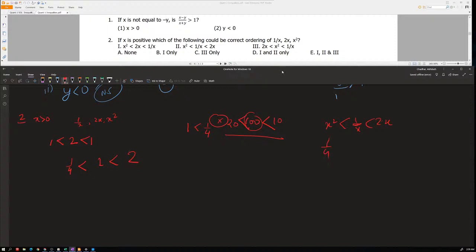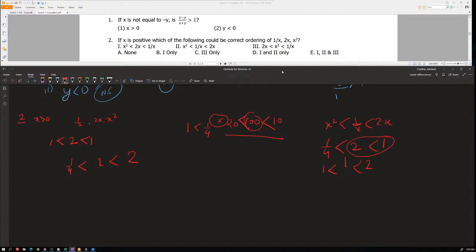So this becomes 1 by 4, but this would become 2, and this will become 1. So this arrangement is wrong. What about taking 1? 1 itself will give 1 is less than 1 is less than 2. 1 is not less than 1, so that is wrong.